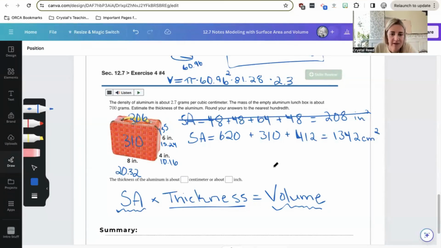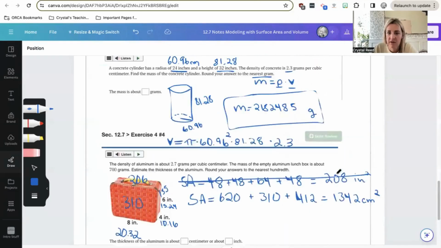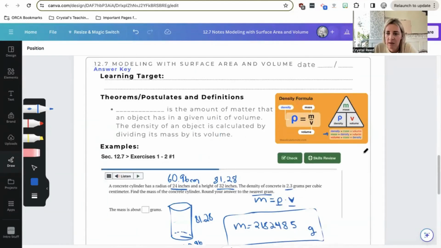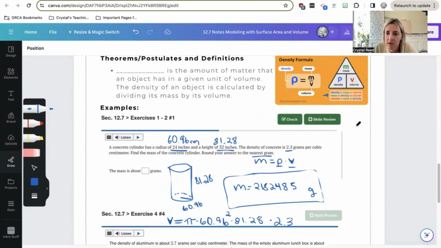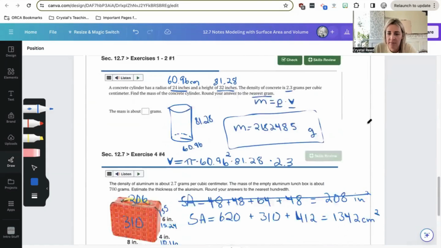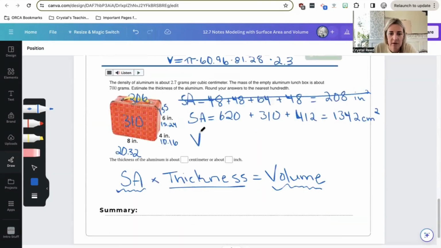All right. We could find the volume. You could find the volume by using the volume formula, or we can just use this formula to find the volume, which again, the volume is going to equal mass divided by density. We know the density is 2.7.